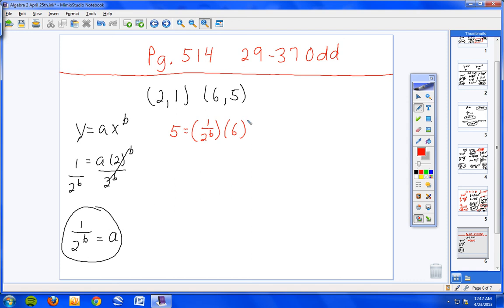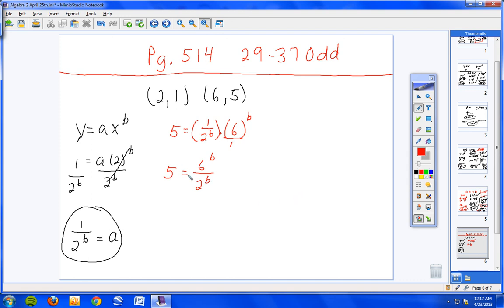And then for b, that's going to stay b. Now we're supposed to solve this for b. So remember, we put this over 1, and we multiply these 2 fractions together to simplify the right side. So 1 times 6 to the b power is simply 6 to the b power, and 2 to the b power times 1 is simply 2 to the b power.